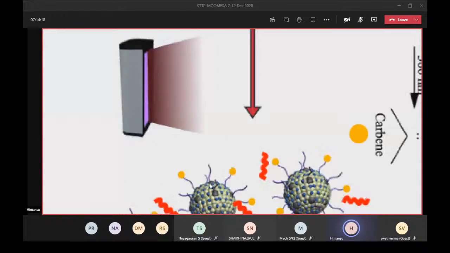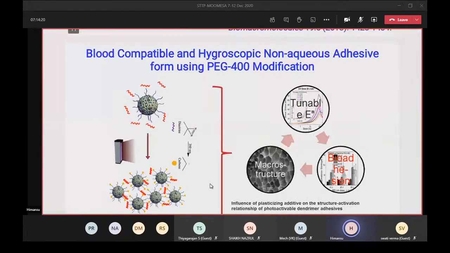Another thing is this blood compatible and hygroscopic non-aqueous adhesive formulation. Why? Because for example you have a cut, and immediately you have some exudation there.